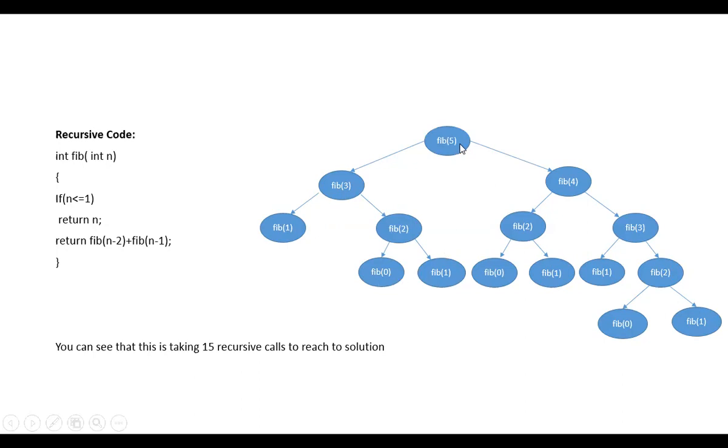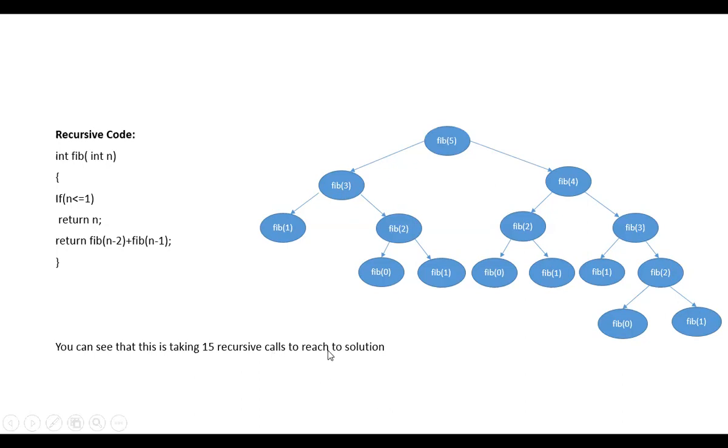And going to the right hand side of this tree, Fibonacci 4 will call Fibonacci 2 and Fibonacci 3, then Fibonacci 2 will call Fibonacci 0 and Fibonacci 1. Fibonacci 3 will call these two, and Fibonacci 2 will call these two. So you can see that in order to reach the solution of Fibonacci 5, there are 15 recursive calls.